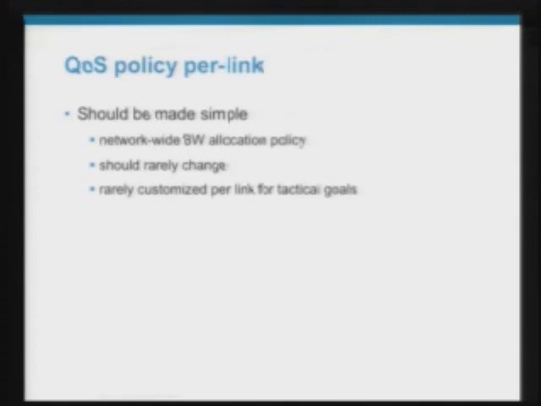In general, what we find is that it is possible and desirable to come up with network-wide bandwidth allocation policies, and there'll be an example of this later on, where one takes the services that one is offering and maps them to relatively few QoS policies that may have different instantiations in the edge of the network versus the core of the network.